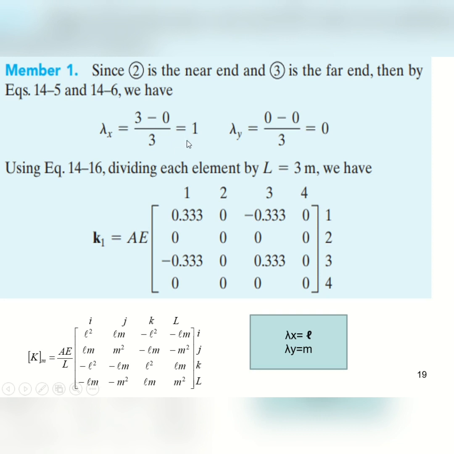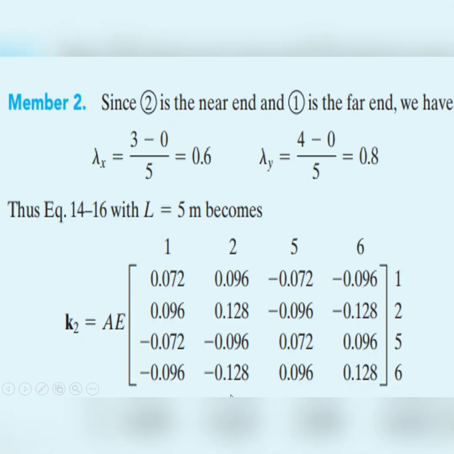So 1 divided by 3 is equal to 0.33, the same as l squared divided by L. The same applies to lm: 1 multiplied by 0 is 0. And for l squared, 1 squared is 1, divided by 3, so it is 0.33. You can follow this equation.